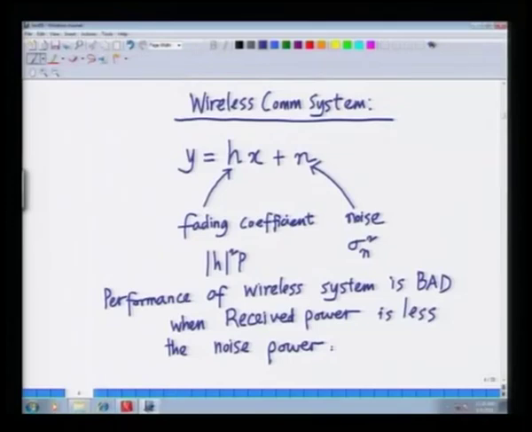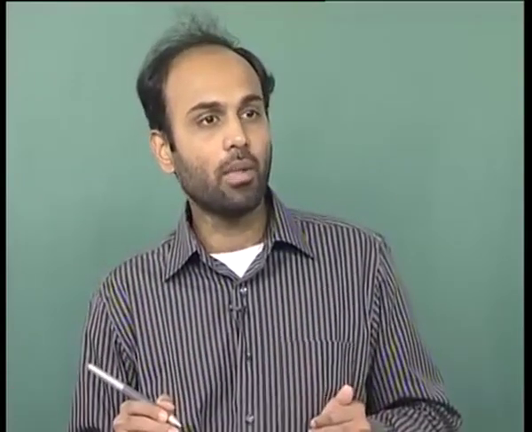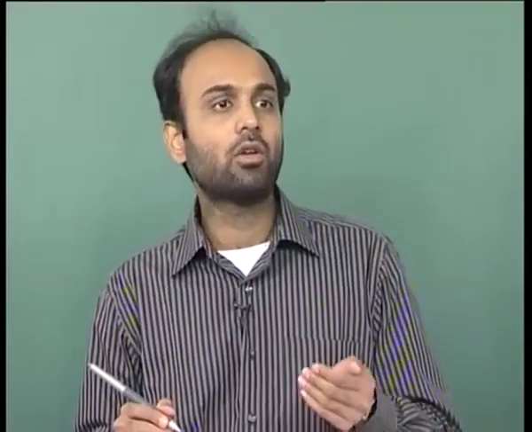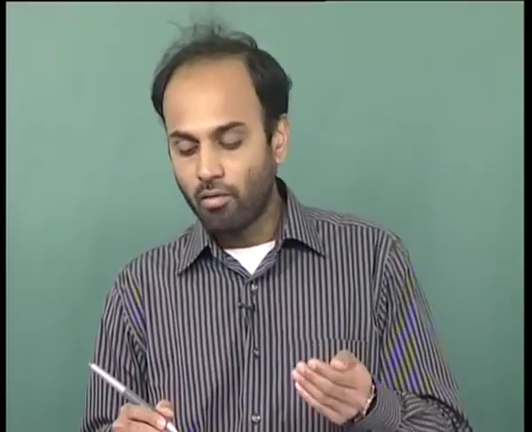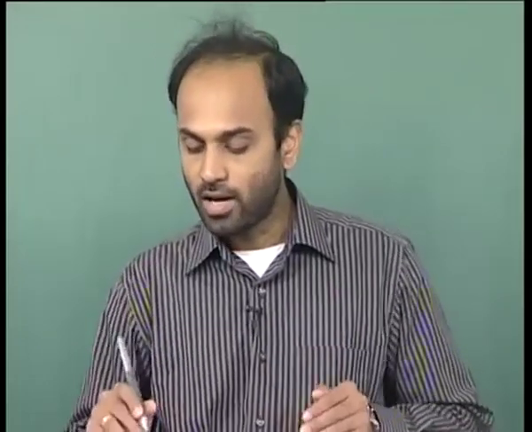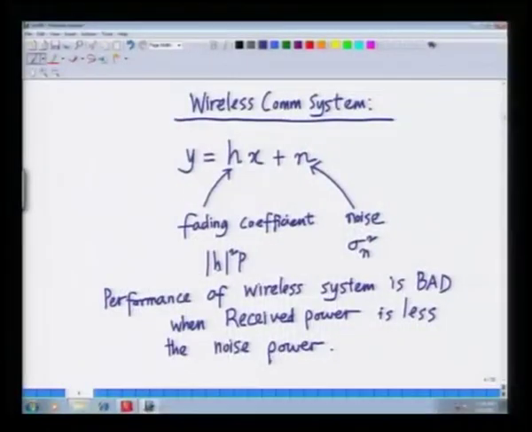What we are saying here is as follows: in a wireless communication system, the received power is norm h square, or the gain of the channel, times the transmitted power P. The noise power is sigma n square, and at times there is destructive interference in the channel due to the multipath propagation environment, and the power of the received signal is small when norm h square times transmit power is less than sigma n square, that is the noise at the receiver.